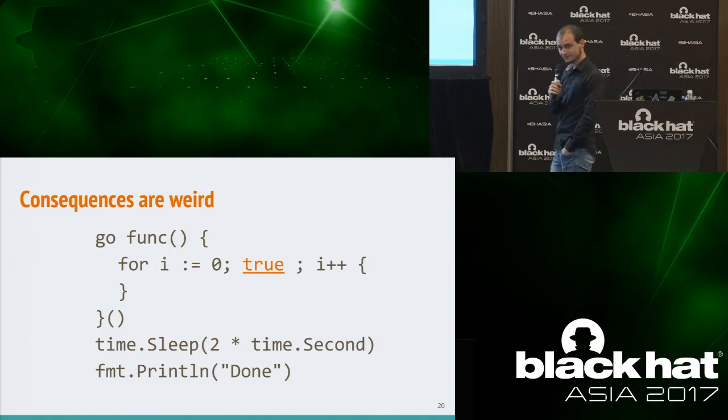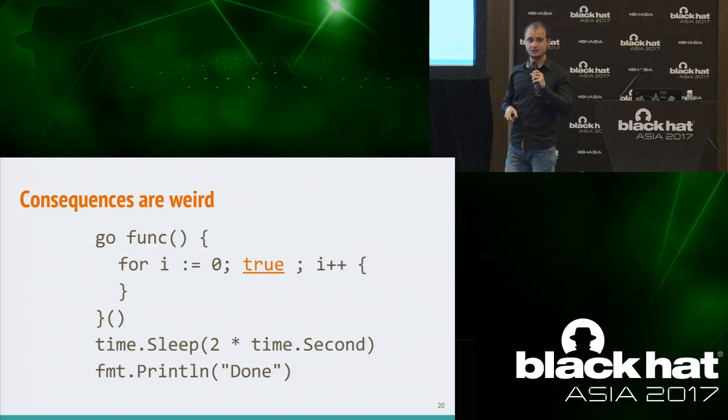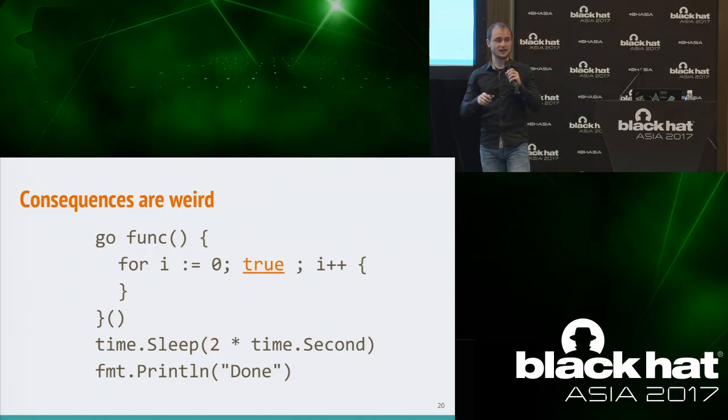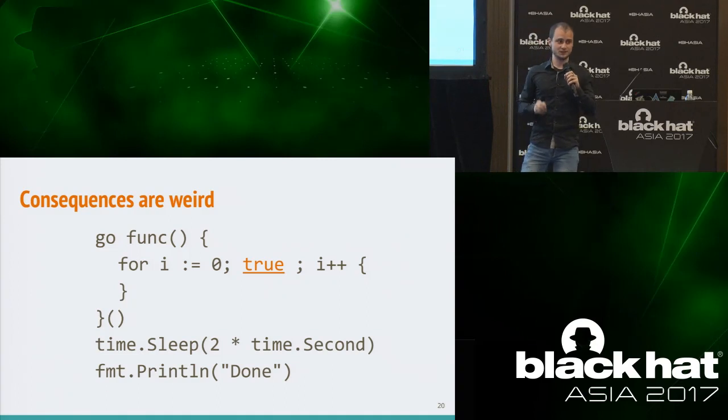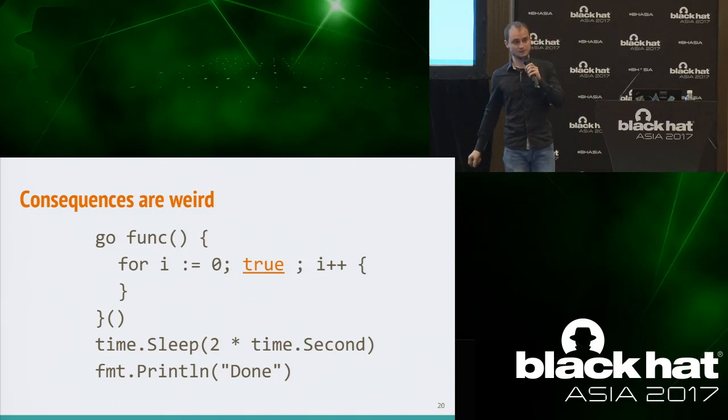Anyone wants to try? Keep in mind that the first piece of code that I showed you was deterministic. It was 10 times 10 every time. So I didn't expect these to behave differently. It doesn't get printed, you say?